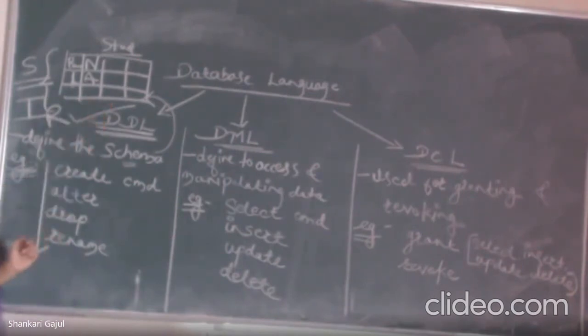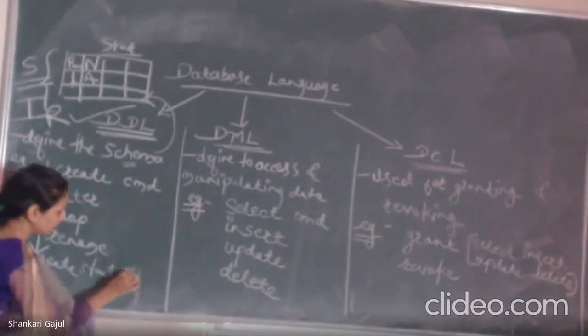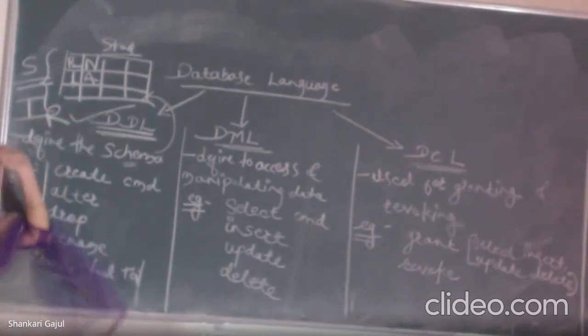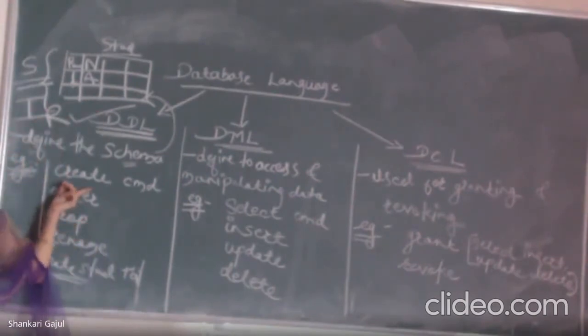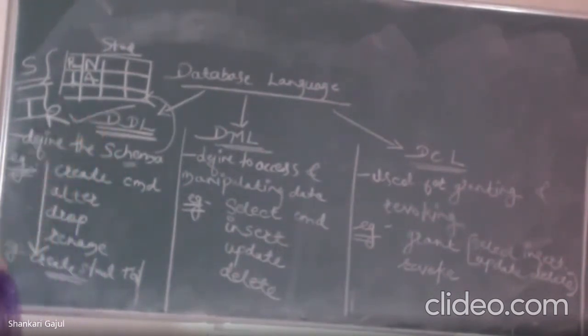So I write create student table. This is the way to write a particular schema into the database. The create command is used to create the table, the database, or the relation or schema in the particular database system.